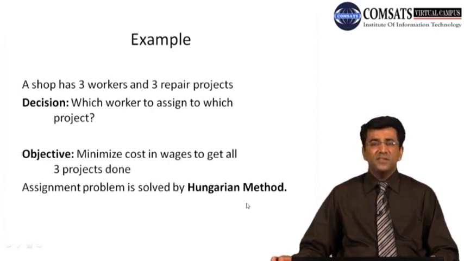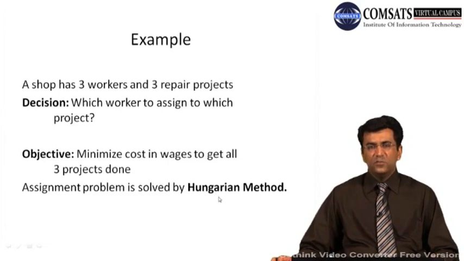Now the Hungarian method is again a sort of algorithm. Algorithm means a step-by-step approach to be followed in order to achieve our objectives in these sorts of situations. So we'll have to follow the different steps in order to achieve our objectives.